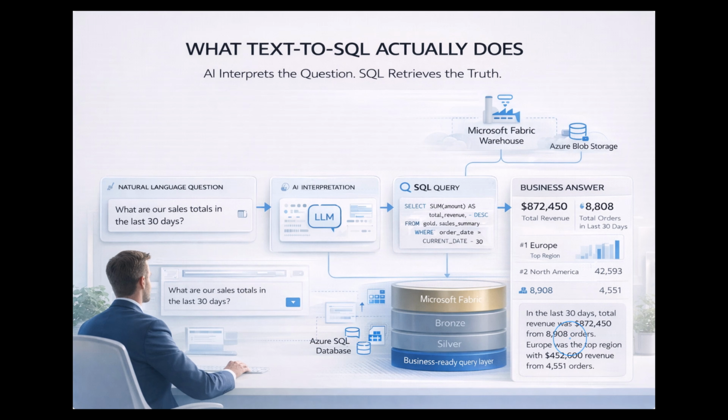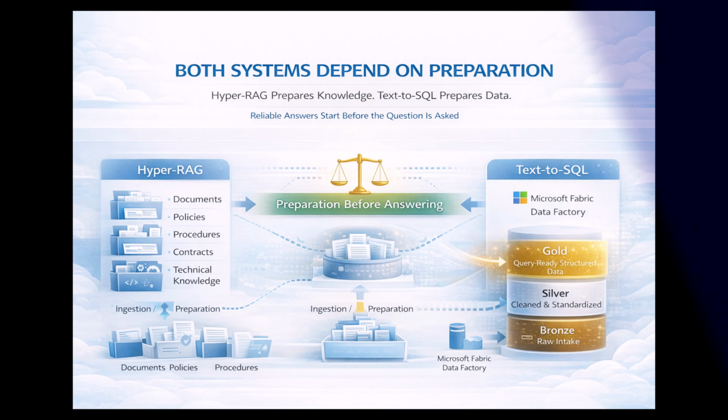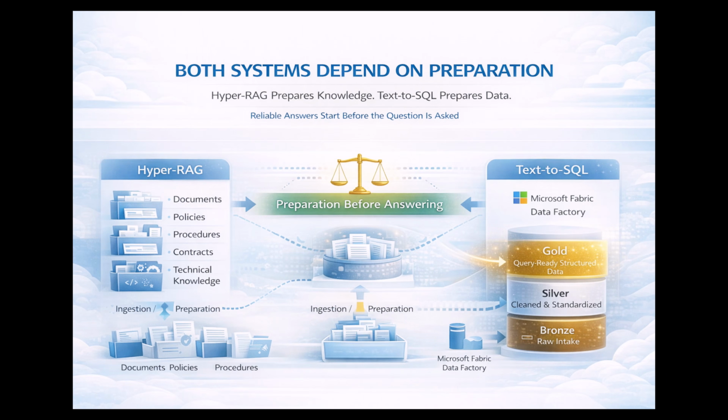And now that we have that basic idea in place, let's talk about how this differs from a Hyper-RAG system and why the two actually work so well together. For Text-to-SQL to work reliably, the data needs to be prepared in advance. The system should not run queries directly against raw, messy data. There needs to be a prepared data layer, organized, cleaned, standardized, and exposed in a form that is ready for querying.